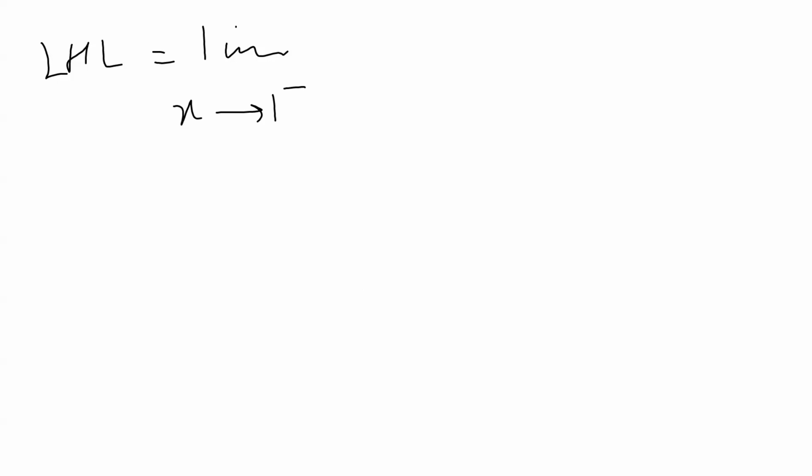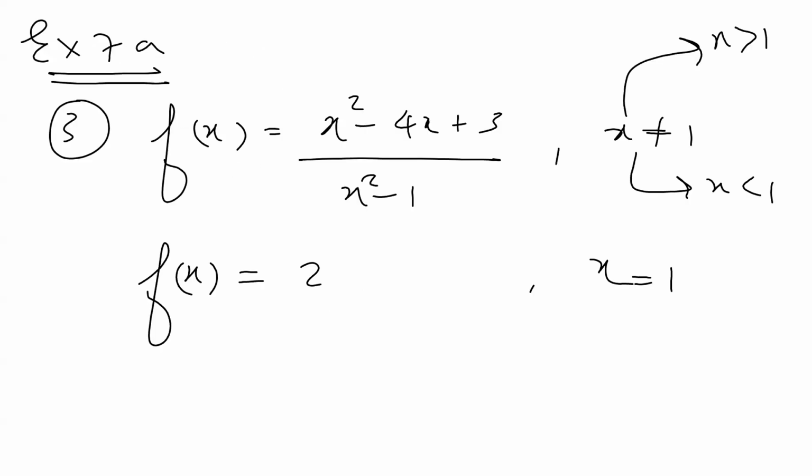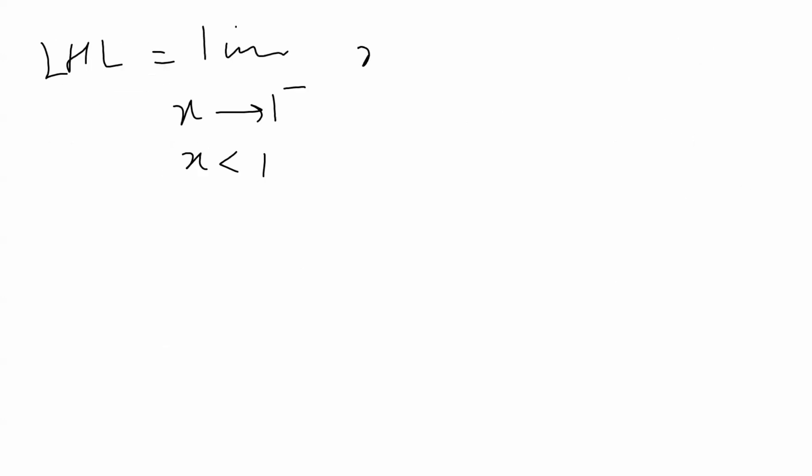So 1 minus means x less than 1. Which function is there for x less than 1? It's this one: (x square minus 4x plus 3) upon (x square minus 1).